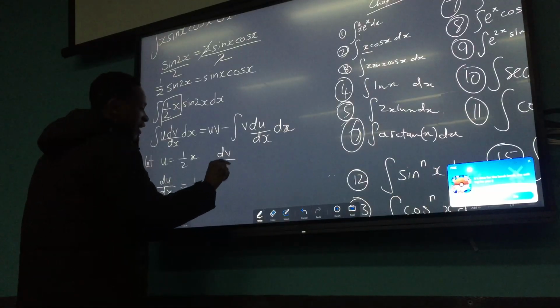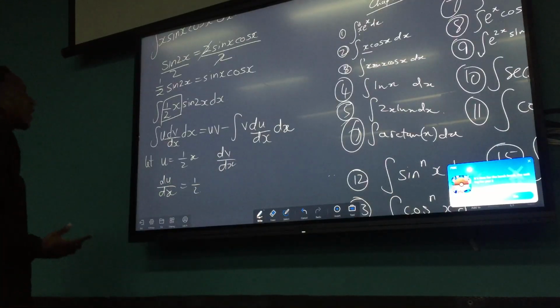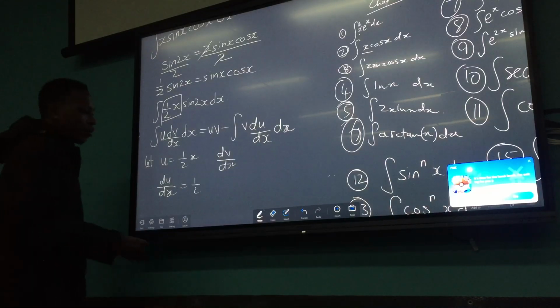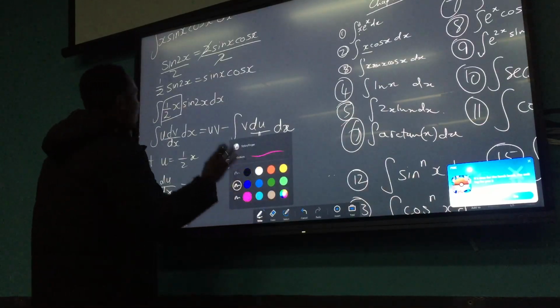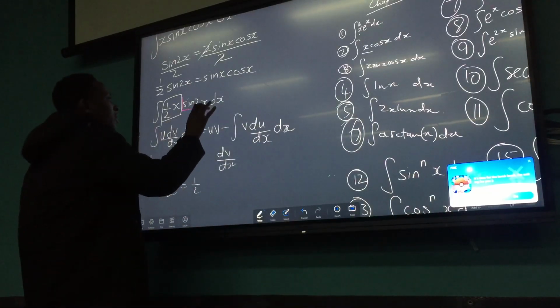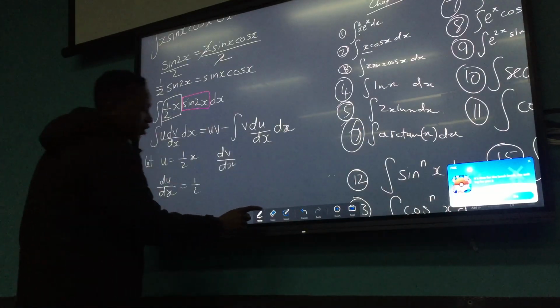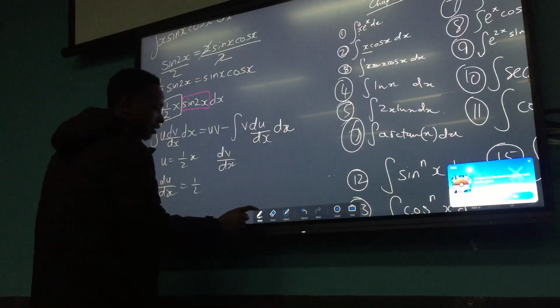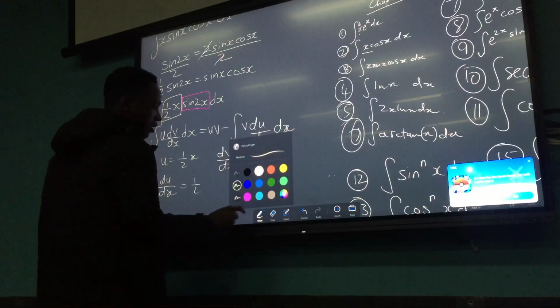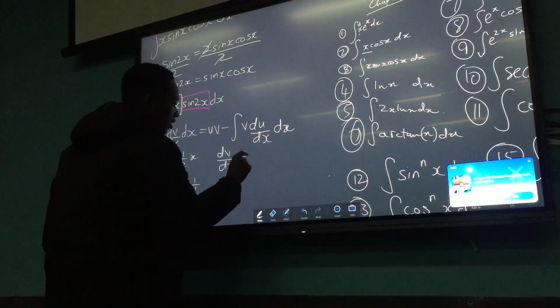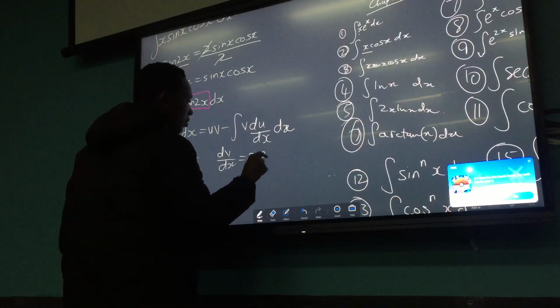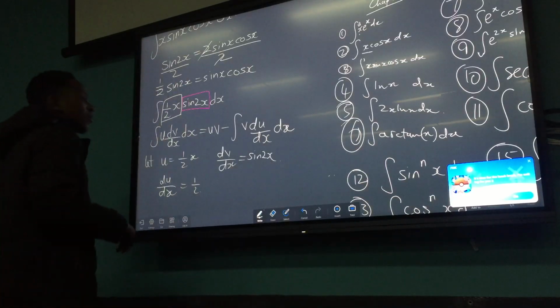dv over dx automatically becomes what I didn't choose as u, which is this here. So I can put this in pink. That's my dv over dx. So dv over dx is going to be sine 2x, right?